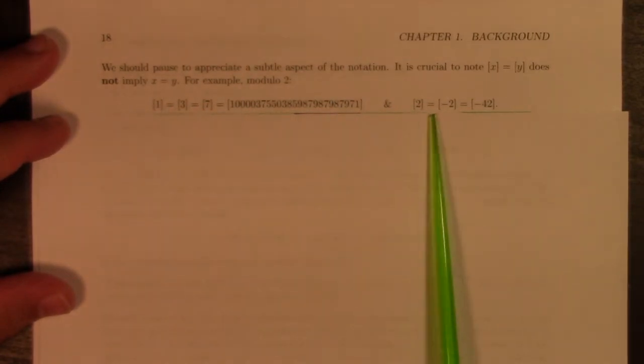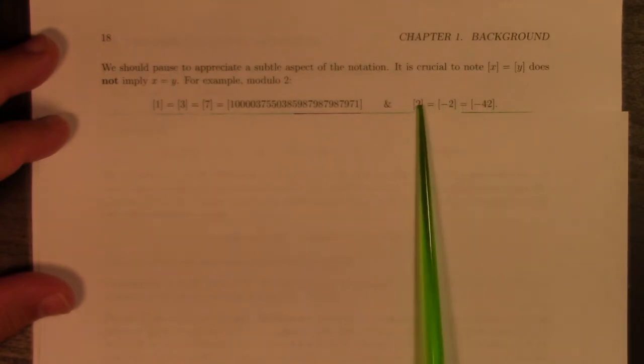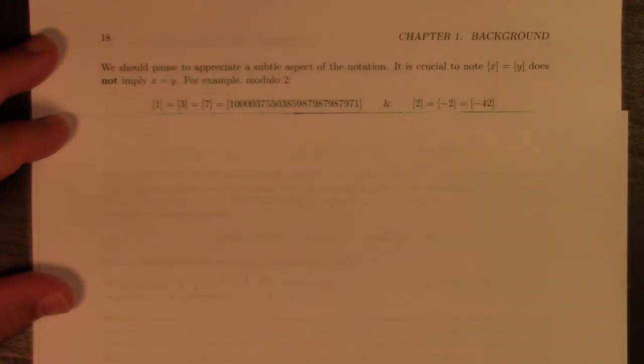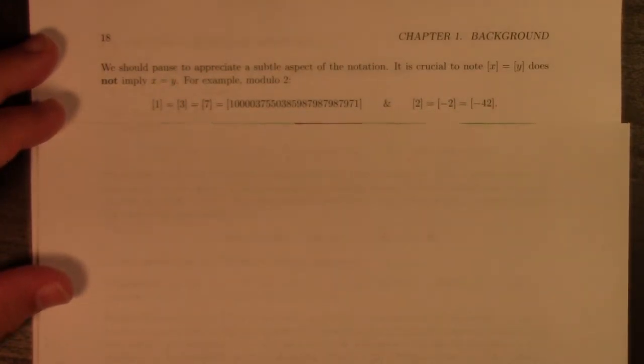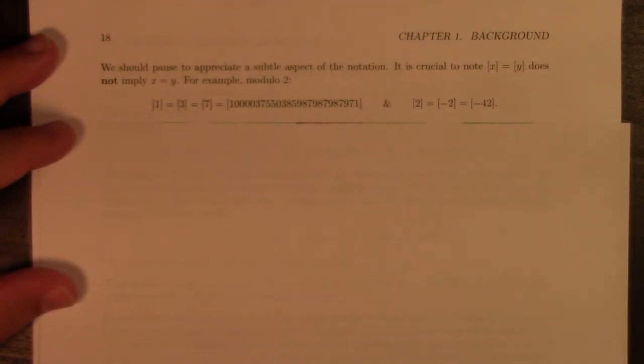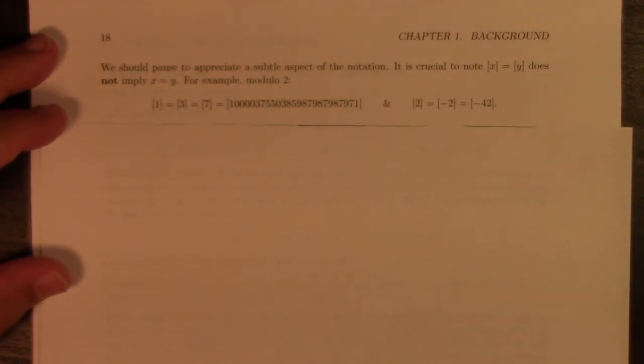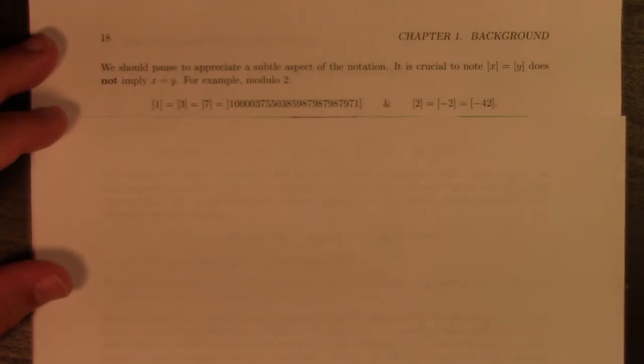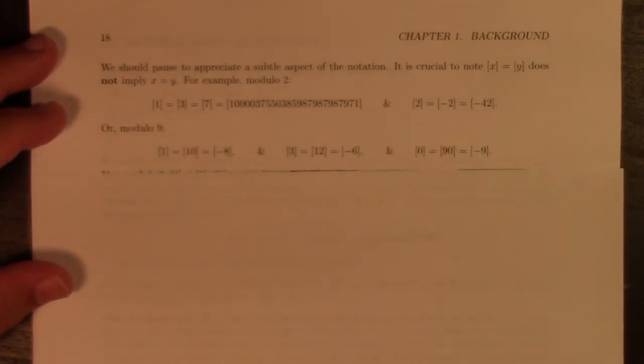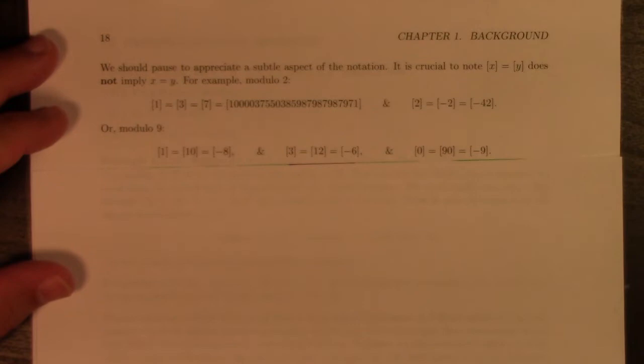Likewise, the equivalence class of 2 and -42 is all the same, but you cannot say that 2 is equal to -2, and you cannot say that -2 is equal to -42, not as integers anyway. Or down here, modulo 9, the congruence class of 1 is equal to the congruence class of 10, which is equal to the congruence class of -8, and so forth.